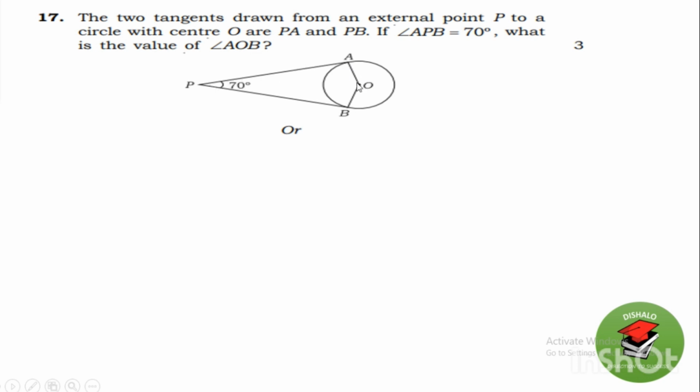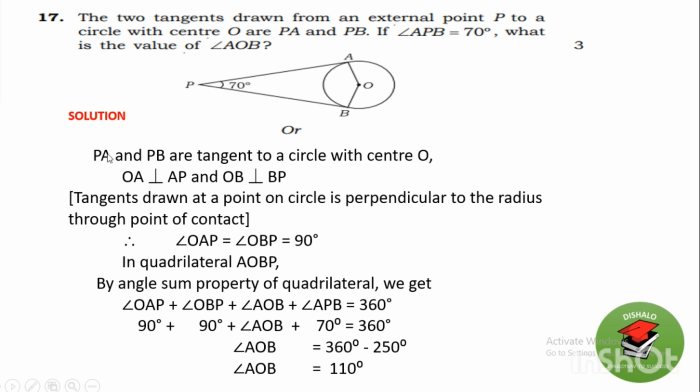So PA is perpendicular to OA, PB is perpendicular to OB. So if it is perpendicular, then this angle is 90 degrees and this angle is 90 degrees. If you can see this figure PAOB, whatever, it is a quadrilateral. So if this is 70, this is 90, this is 90, so what will be this angle? This is one of the ways to do this. So let us see the solution.